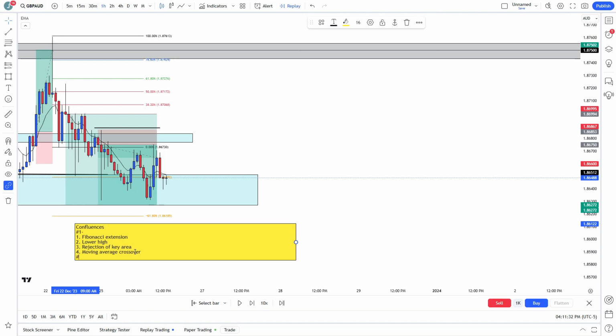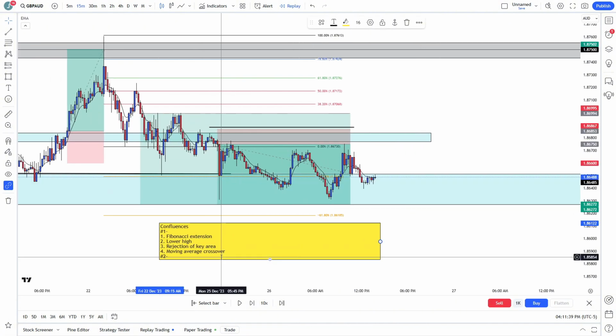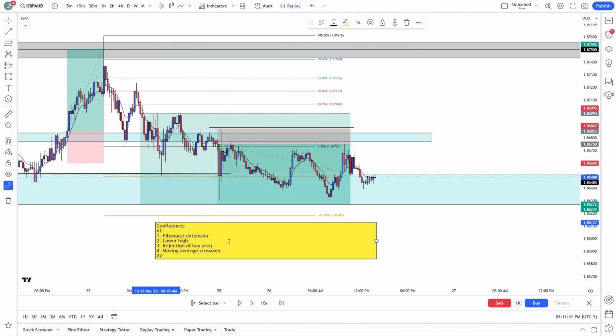For trade number 2, the scale in. Go back to the 15-minute because this is where I entered. Let's go here.